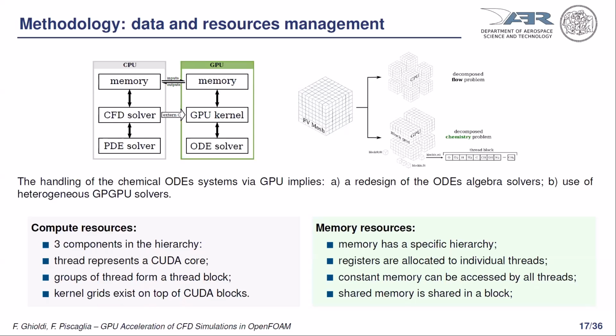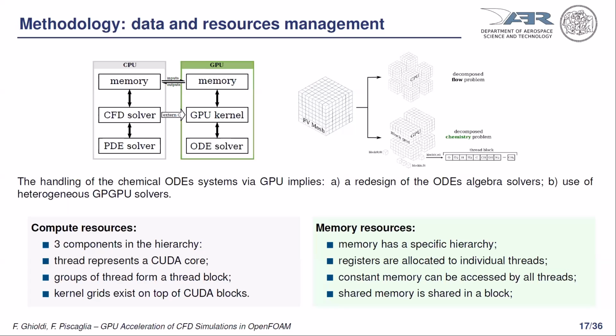It's composed of blocks and threads, and we need to decompose our problem in such a way that we optimize the use of the GPU. And so we designed this, let's say, double parallelization, which considers every single cell in the computational domain as a CUDA block, and every single species contained inside of the cell as a CUDA thread. So this implies a double parallelization, as you see there.